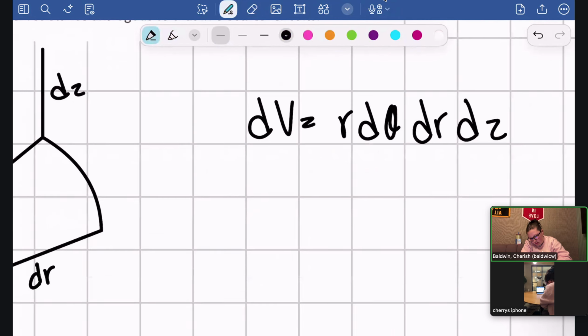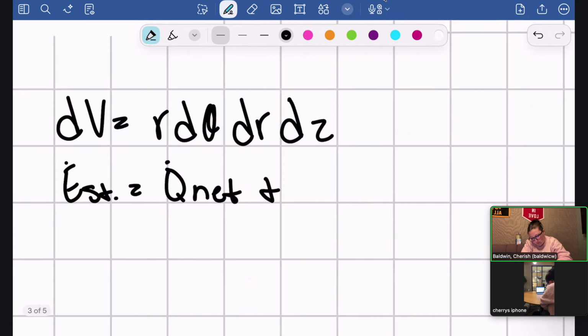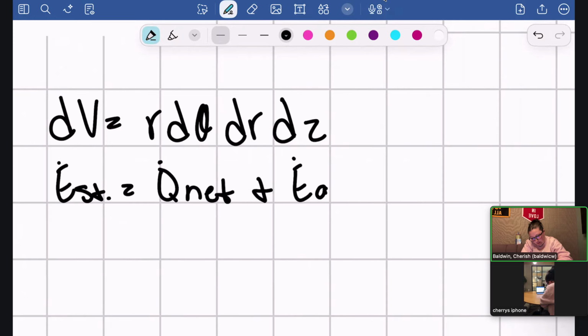The general energy balance equation is the rate of energy stored is equal to the rate of heat net plus the rate of energy generated.